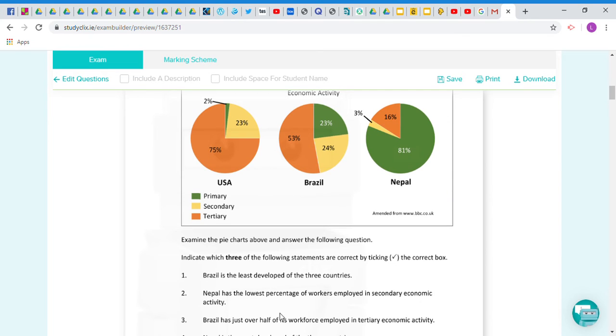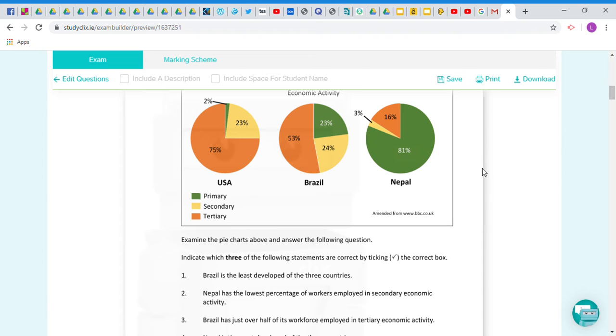Nepal has the lowest percentage of workers employed in secondary economic activities. Well, let's have a look at that. Secondary is the pale yellow. So 3%, 24%, 23%. So number 2 is true. Brazil has just over half of its workforce employed in tertiary economic activities, 53%.